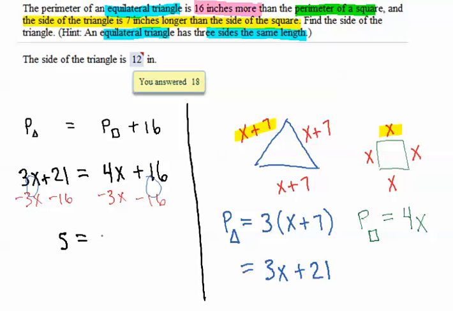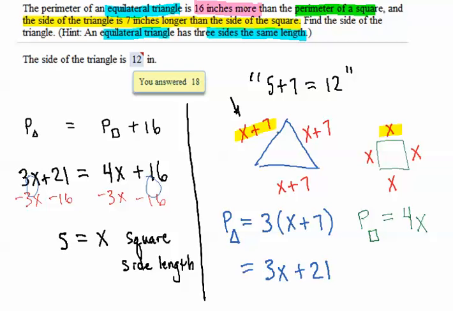Yeah, 5 is the missing x. But that's not my answer to the question, is it? No. 5 is the missing x, which is the square side. So then I can come over here and I can plug in x. And I get that 5 plus 7, x plus 7, equals 12. And that's why the answer was 12.